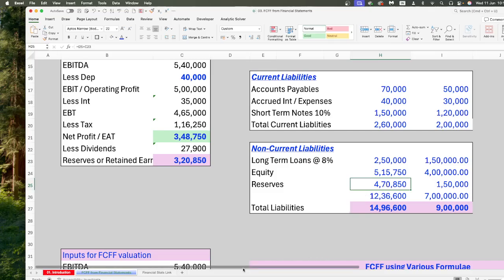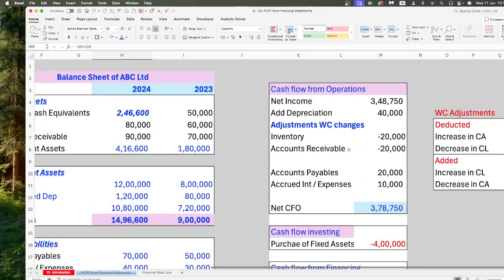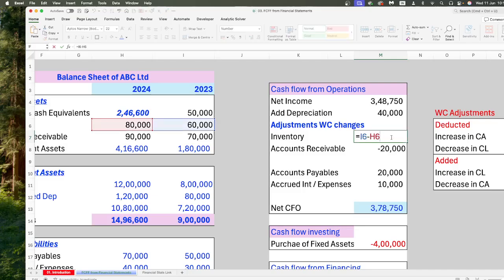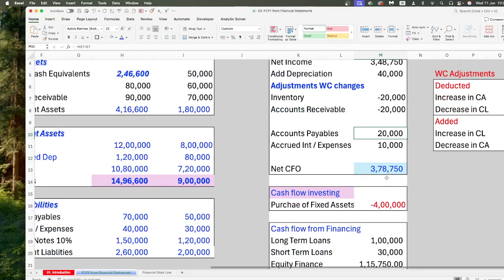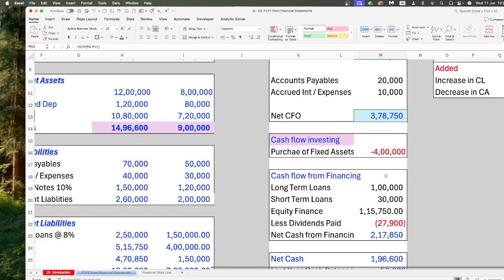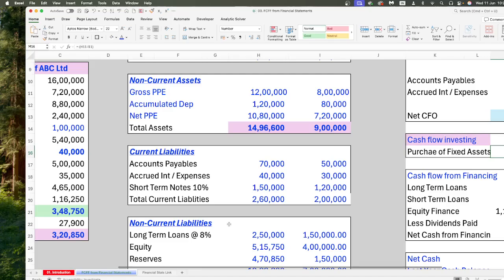Now, other than this, in the cash flow statement, your net income comes from the income statement, depreciation comes from the balance sheet difference in accumulated depreciation. And then you have the inventory, that is nothing but adjustment to working capital, which comes from the increase in current assets deducted, like inventory, and liabilities. We have discussed that. So you have net cash flow from operations. You have net cash flow investing, which is only one item here in this example, and that is nothing but the increase of the PPE here.